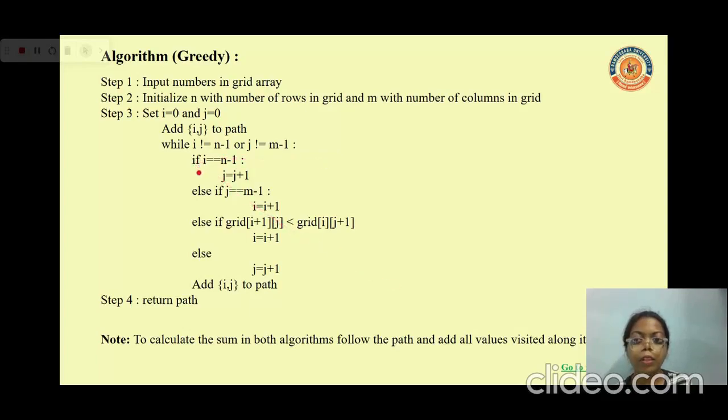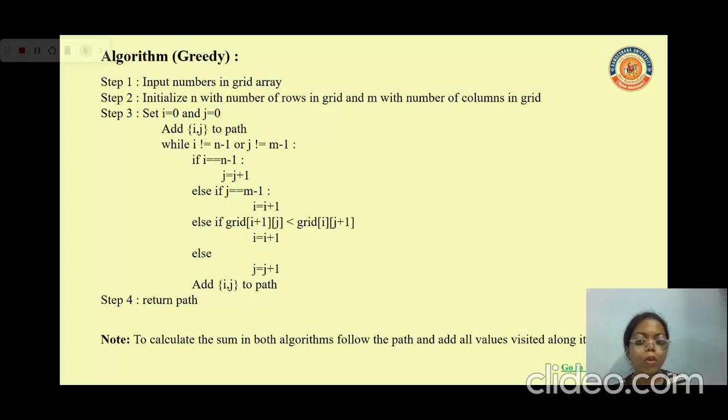If we are at the last row, then we will move towards right. If we are at the last column, we will move down, and again we will compare neighborhood values in our grid and move accordingly. Whichever is smaller, we will move accordingly.